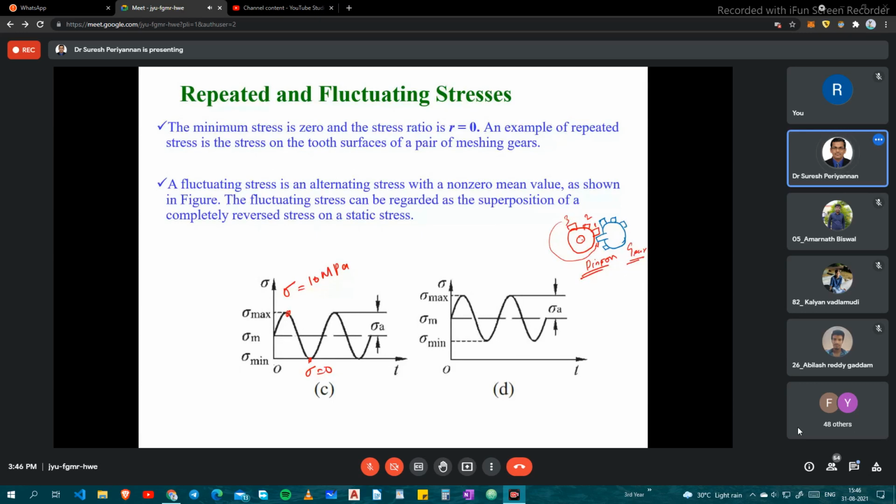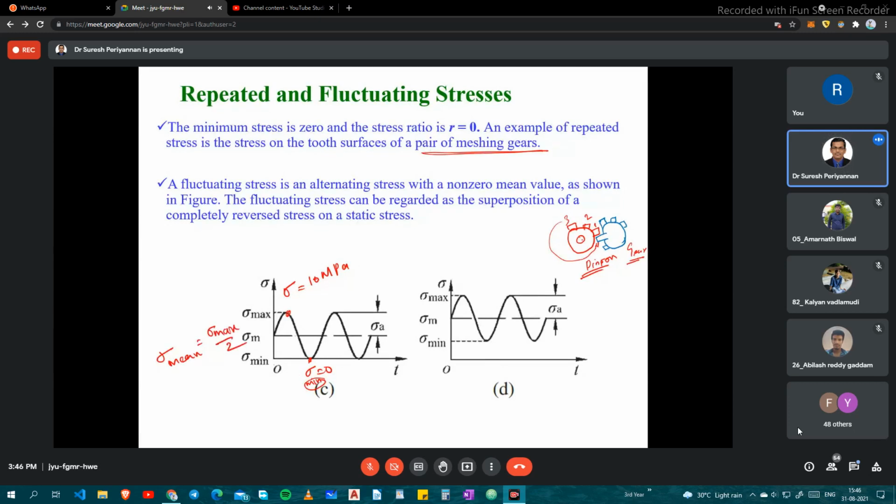Hence we can consider meshing gears as a good example of repeated stress. In repeated stress, sigma min is 0 but sigma max is some value, and then sigma mean is equal to sigma max by 2.